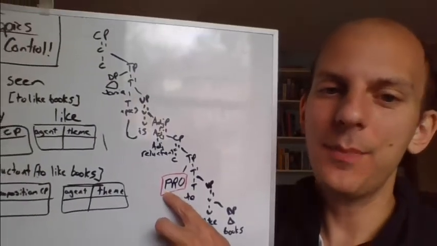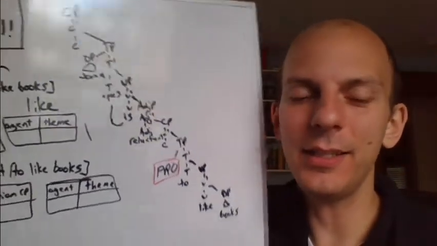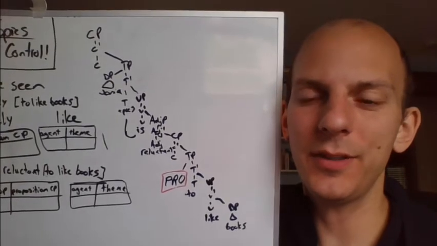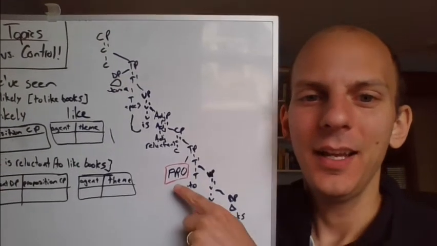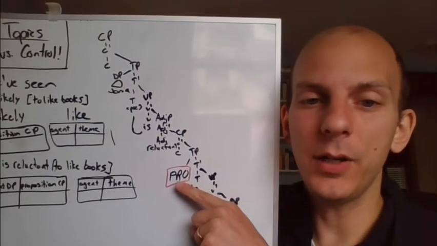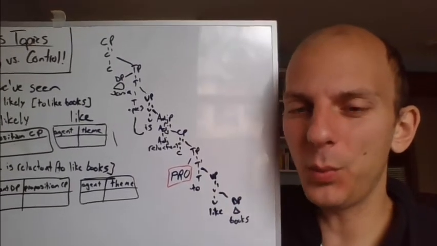This is fantastic A+ syntax naming going on here in the syntax community. So it's big pro. And you write it like this, in all caps, because it's silent, so we need to make sure that we can't miss it otherwise, apparently. Big, all capital PRO. And what that stands for roughly is a weird pronoun.